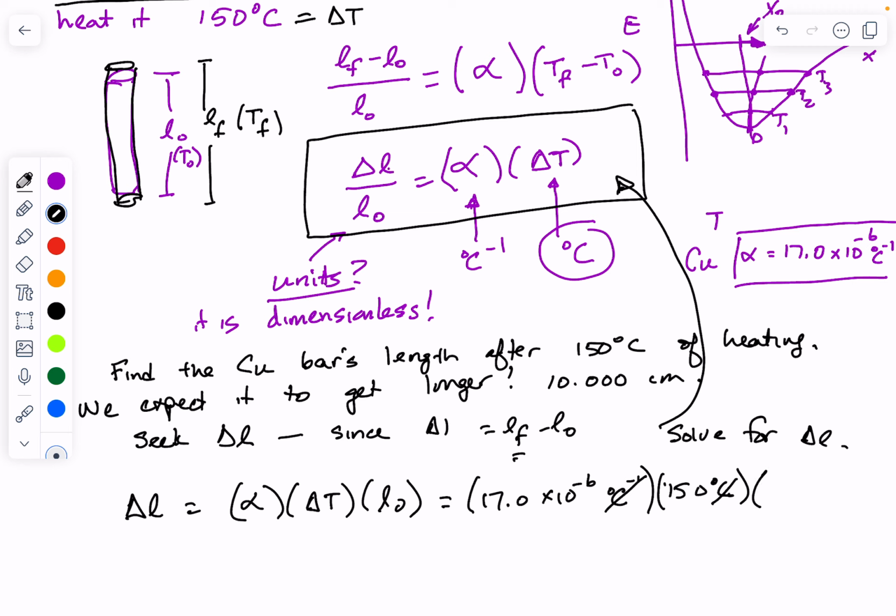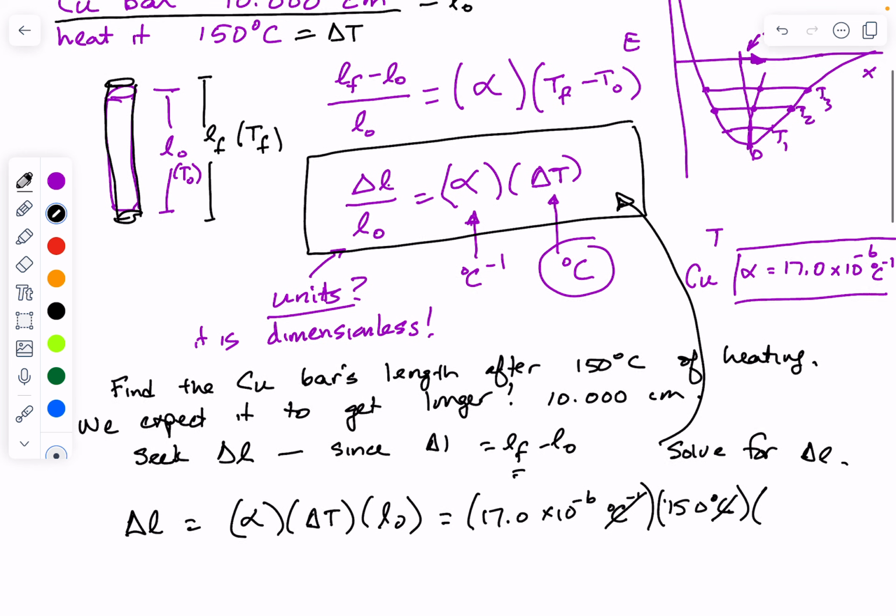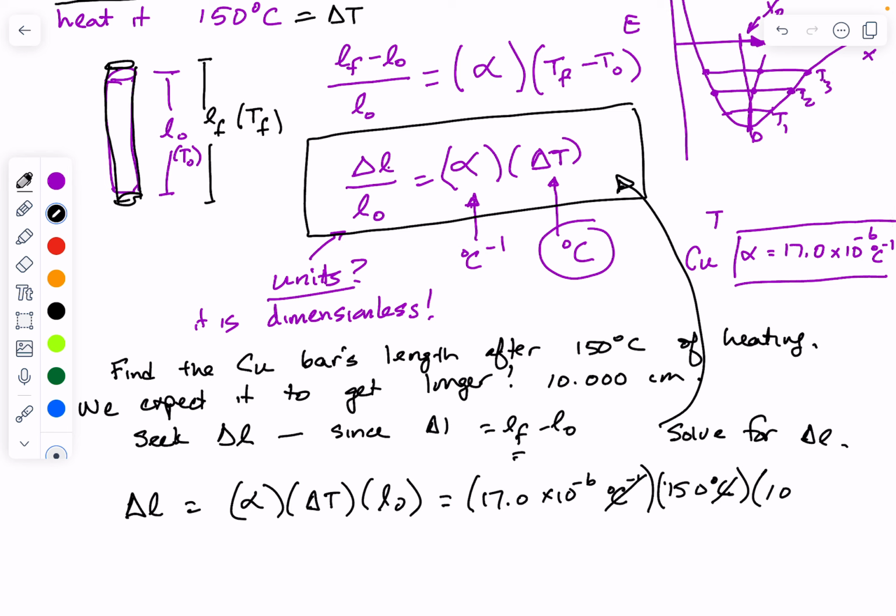And now we also need to multiply by L naught, and L naught was given as being 10.000 centimeters. So this part is dimensionless. We're going to end up with a centimeter answer. That's good because our delta L will need to be in centimeters.